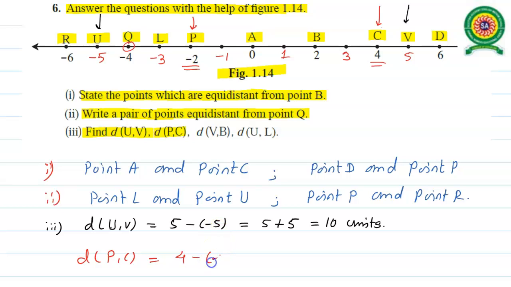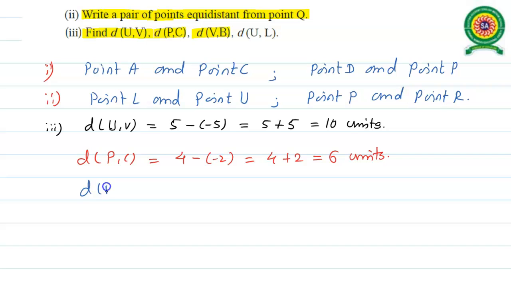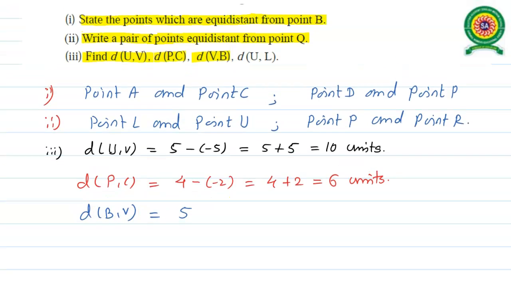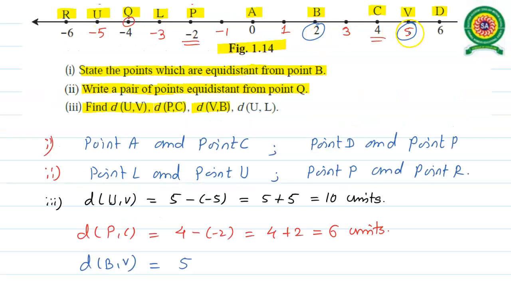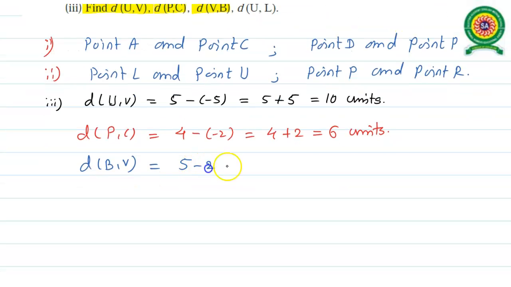So we get 4 minus minus 2. 4 plus 2 becomes 6 units. Now look at the next one. We have to find the distance between point V and B. V has the coordinate 5 and B has the coordinate 2. Among them, 5 is the greatest number. So for finding the distance between point B comma V, we have to subtract 2 from 5. So we have 5 minus 2, which becomes 3 units.